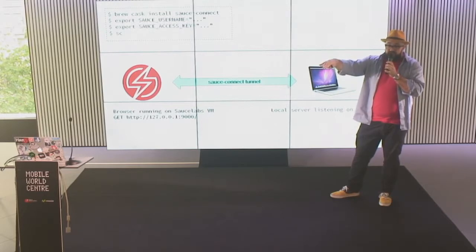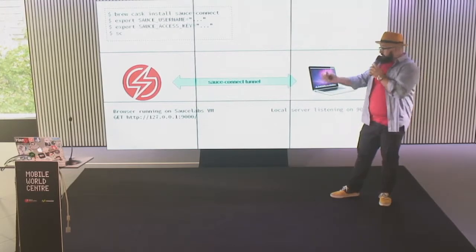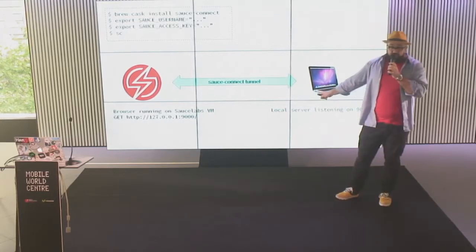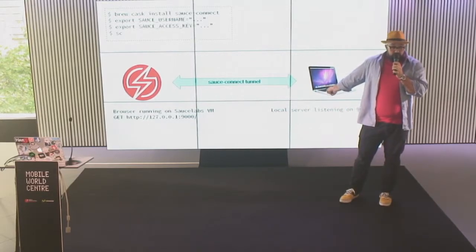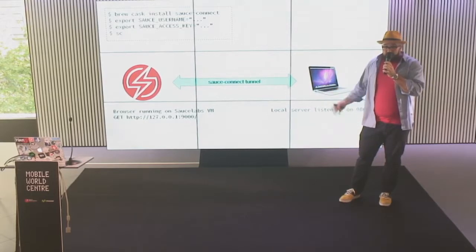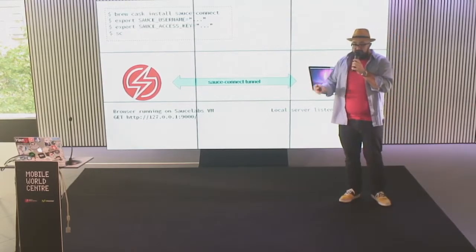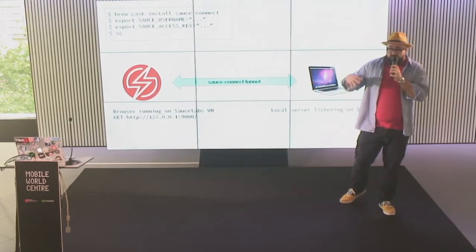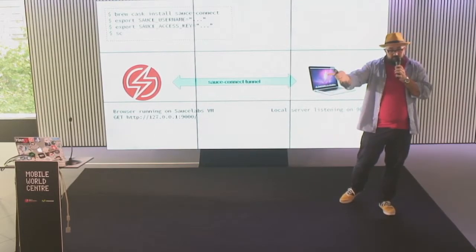And when you open the browser in Saucelabs and you go to localhost, to that IP, it will actually connect to your computer and run the things that run on your computer, your local server, which is really cool because you don't have to handle DNS, you don't have to do all kind of network-related magic to make it work.